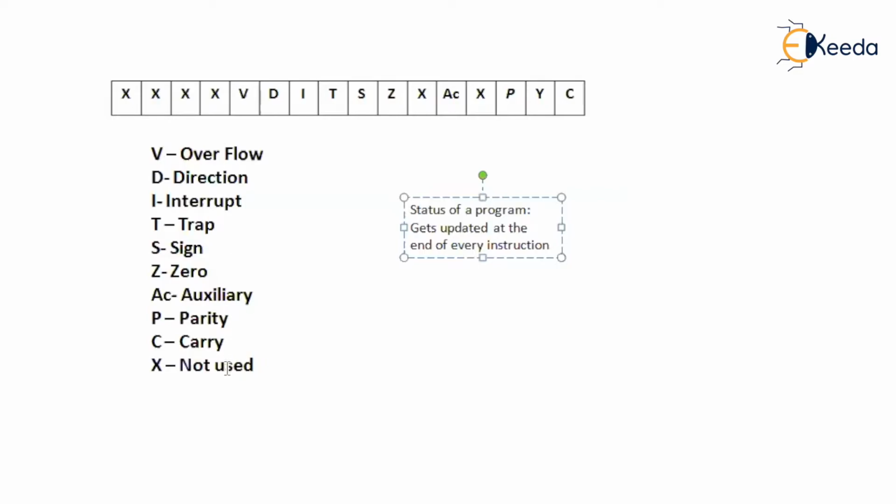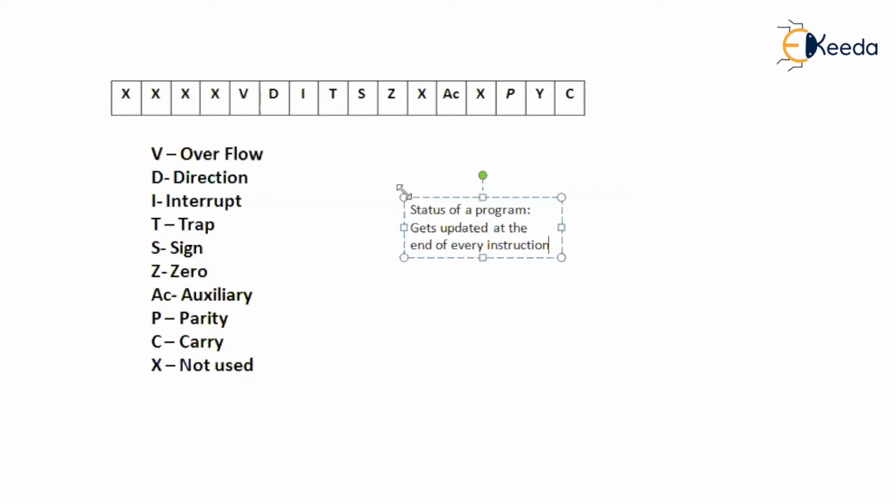I have 10 flags, but there is a 16-bit register. So some of the bits cannot be used as flags. Only 10 bits are required to store my flag bits. The remaining 6 bits can be X; that is, these bits are not used for any flags.